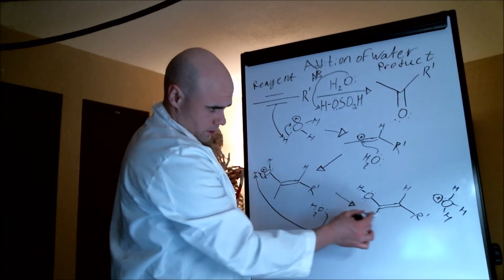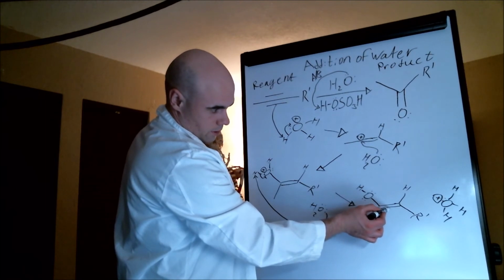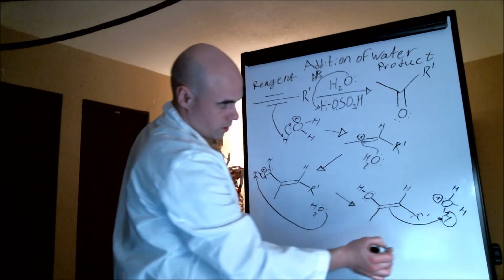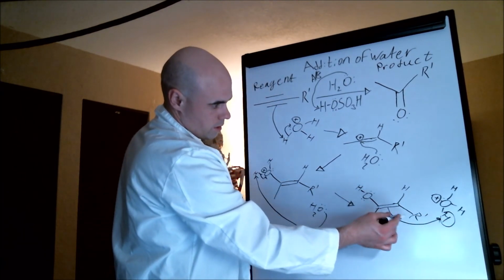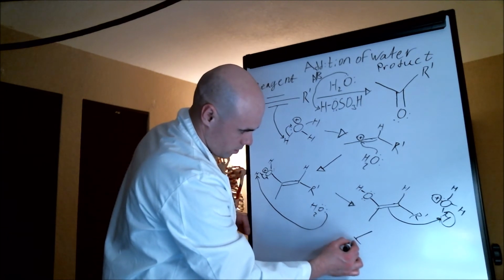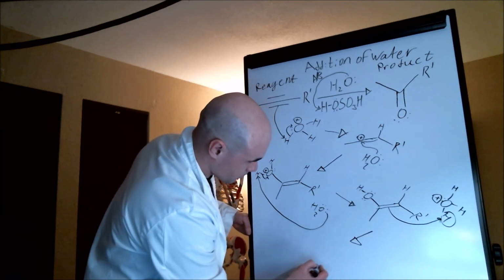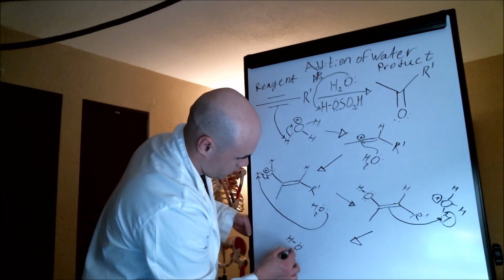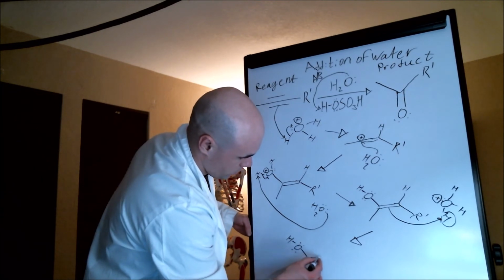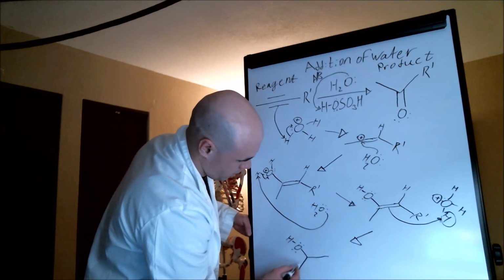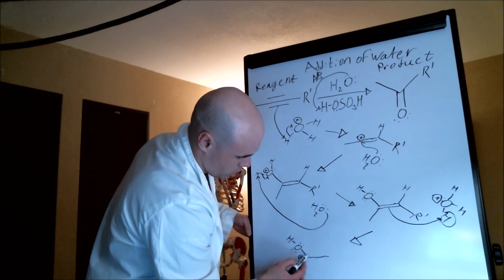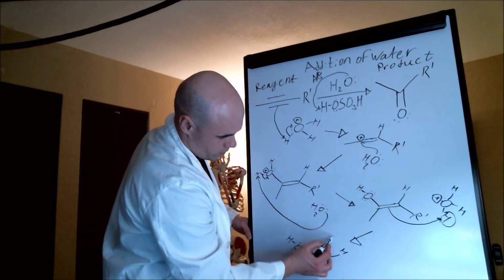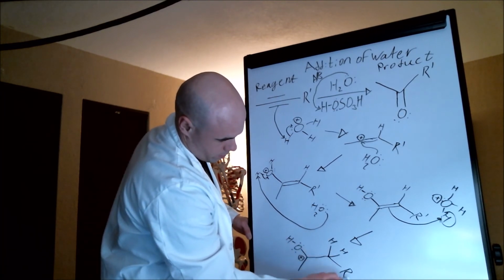So this other pi bond is going to want to go and attack the proton here and steal it. So what we're going to get from that is, now we have hydrogen, oxygen bonded to a carbocation, positively charged, third order, and here we're going to now have two hydrogens and our R group.